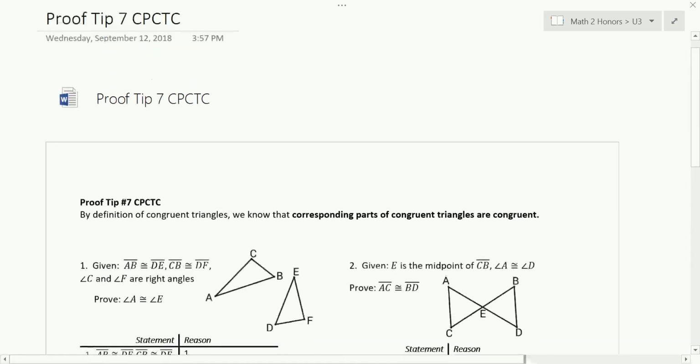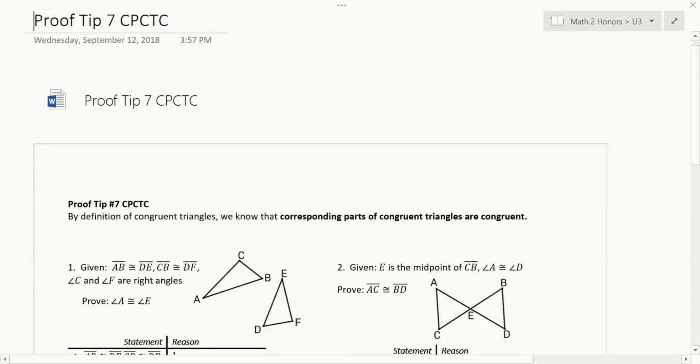So by definition of congruent triangles, corresponding parts, and I'm talking about all 6 parts in one triangle, correspond with 6 parts in another triangle. Like side A might go with side D over here, and so on. So corresponding parts of congruent triangles are congruent.